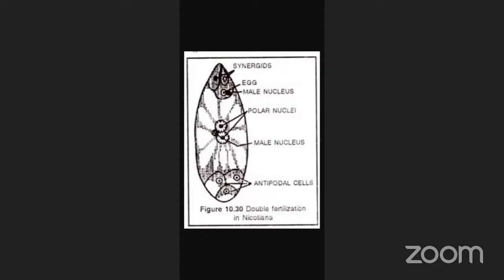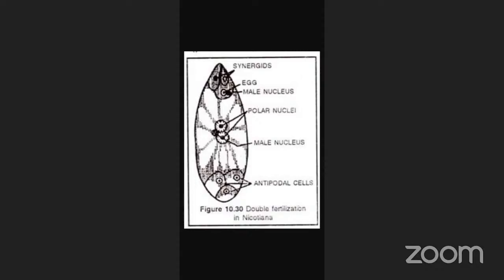So, the female gametophyte. The ovule is the source of the female gametophyte and the differentiation of the seed. So here, differentiation of the megasporocyte and production of the functional megaspore, formation of the embryo sac and embryogenesis, all occur within the ovule.